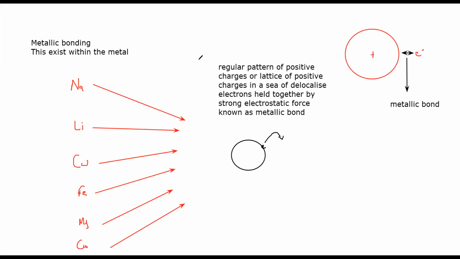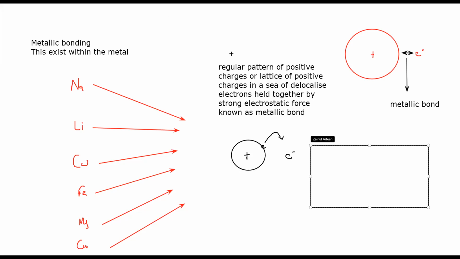When it loses an electron, it will be a positive charge and there will be an electron outside. And this happens for almost all of the atoms present. As the atoms lose electrons, all of them will have a positive charge.